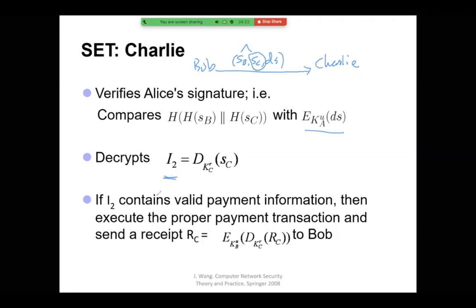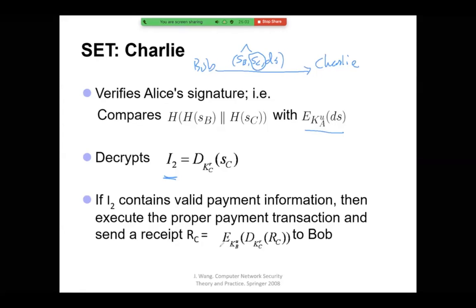Then Charlie checks to see whether Alice really is a legitimate owner of that credit card. If it is, Charlie will execute a proper payment transaction and send a receipt to Bob saying that payment has been approved and is on the way.